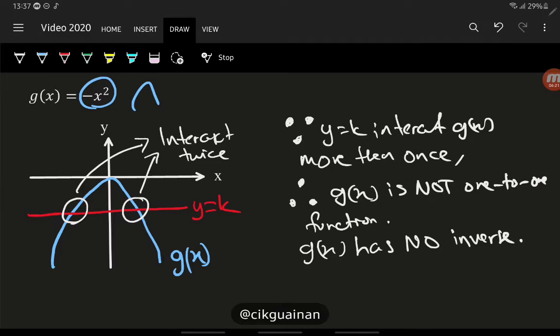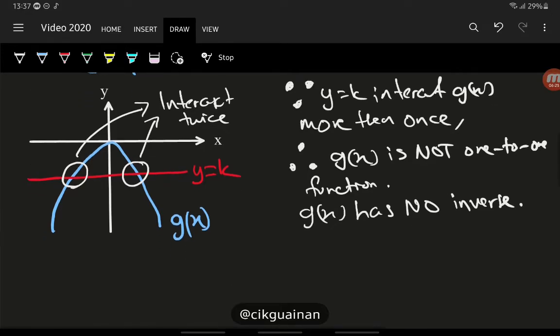This is one example of a function that has no inverse. It is not one-to-one, therefore it has no inverse.